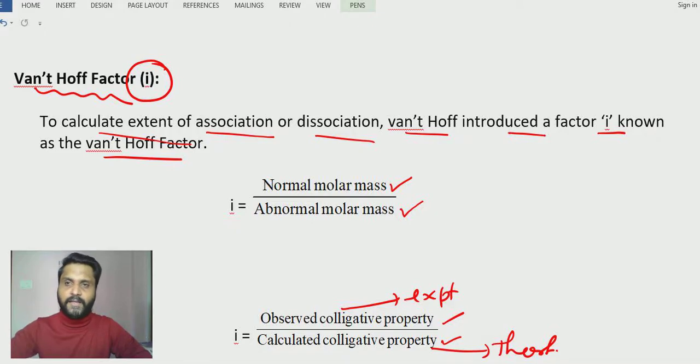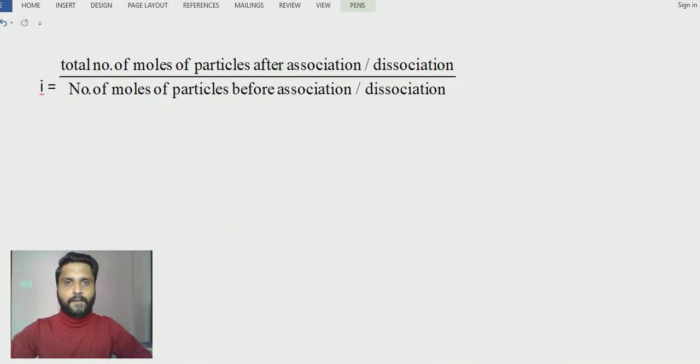Clear? Okay. The very important formula to calculate i value based on the number of particles produced after association or dissociation: i is equal to the number of moles of particles after dissociation or association, divided by the number of moles of particles before dissociation or association.